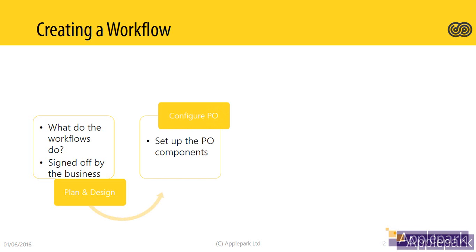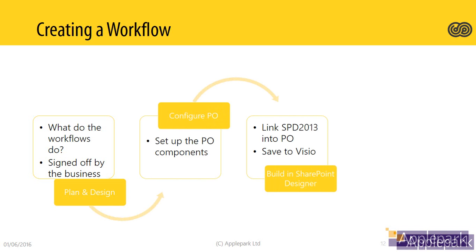Then, of course, we configure Project Online with the components in the workflow. So we set up those components that we've identified. I'm then going to open up my workflow development tool, which for me will be SharePoint Designer 2013. And in this case as well, from SharePoint, I can export that workflow into Visio.